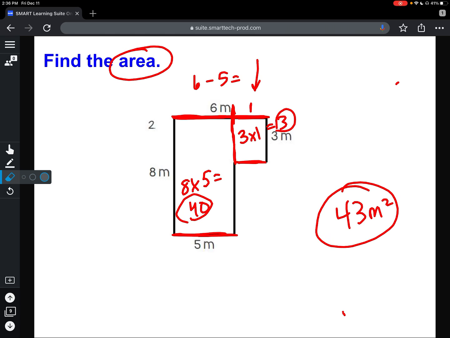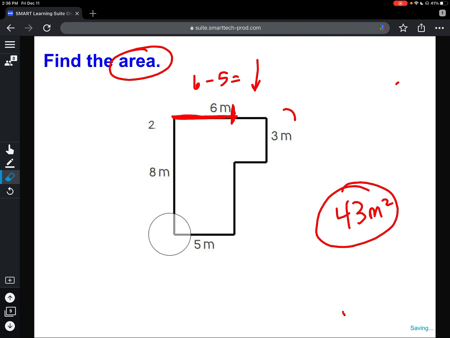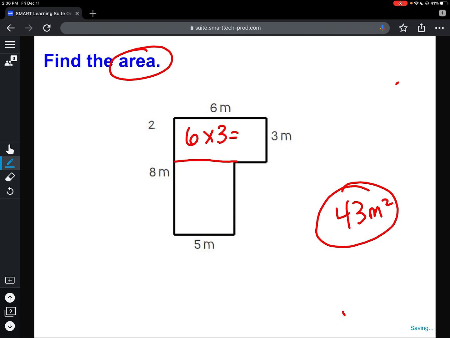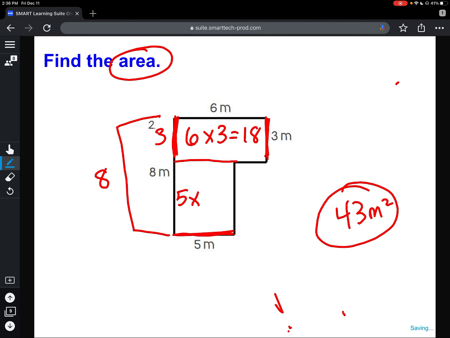Your brain may also have done it this way. Maybe you decided to split it this way, and inside you have 6 times 3, and you said that was 18. But then over here, it's 5 times, it's not 8, because 8 is from here to here. But we know that this chunk is the same as this chunk, which is 3.